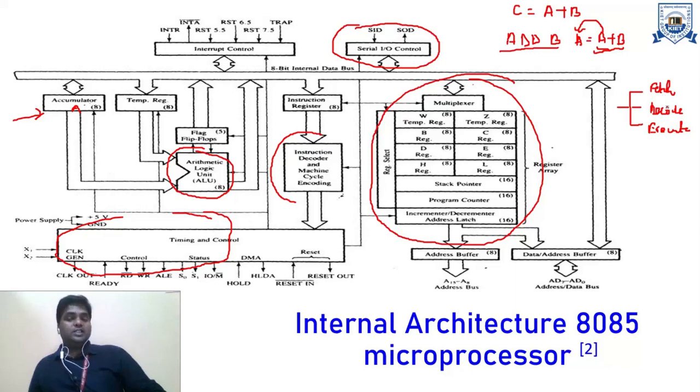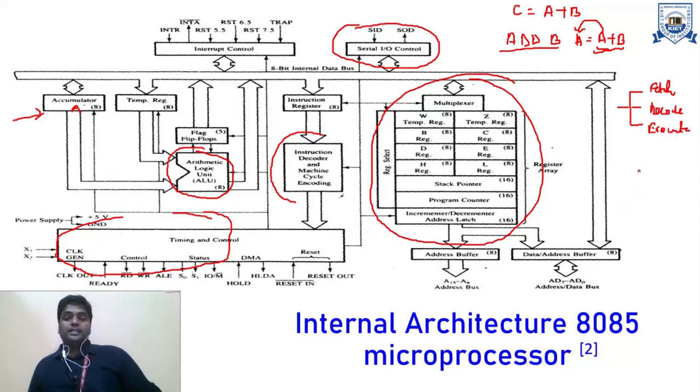Then we decode the instruction, that means identify the opcode, what the instruction wants to perform. After decoding it, the microprocessor executes that instruction. After that, the next instruction is fetched, decoded and executed, and the same sequence is followed.